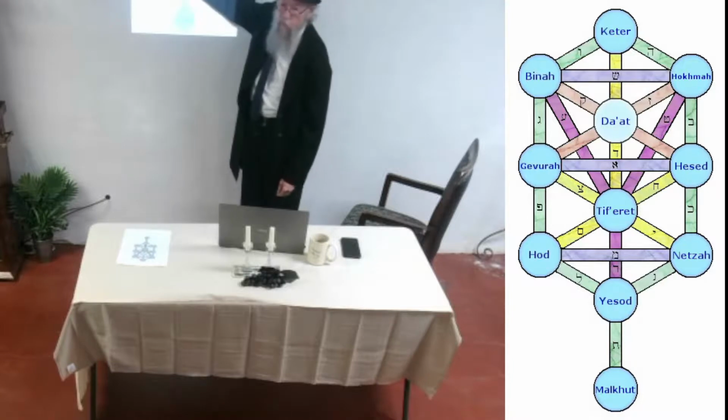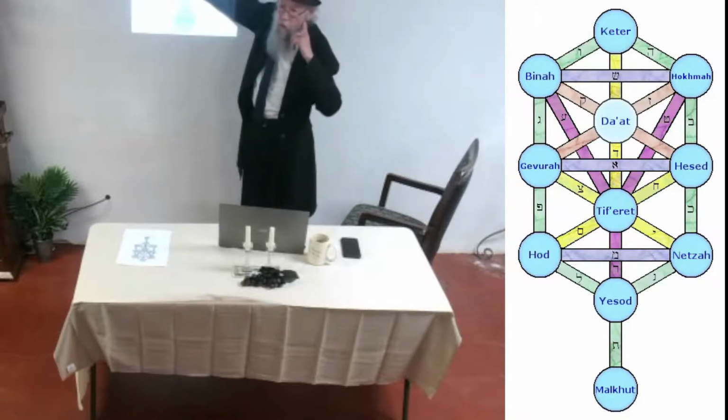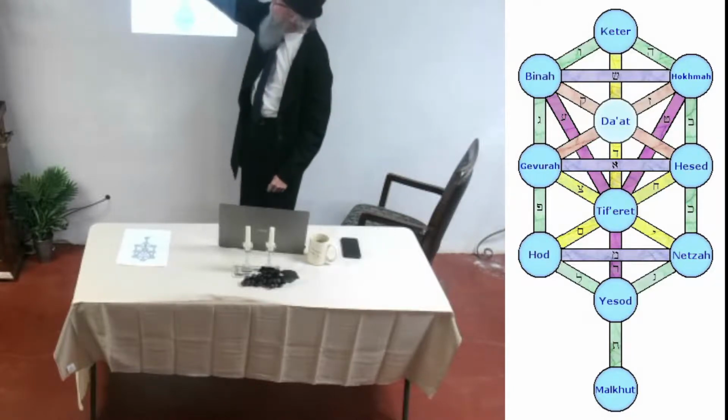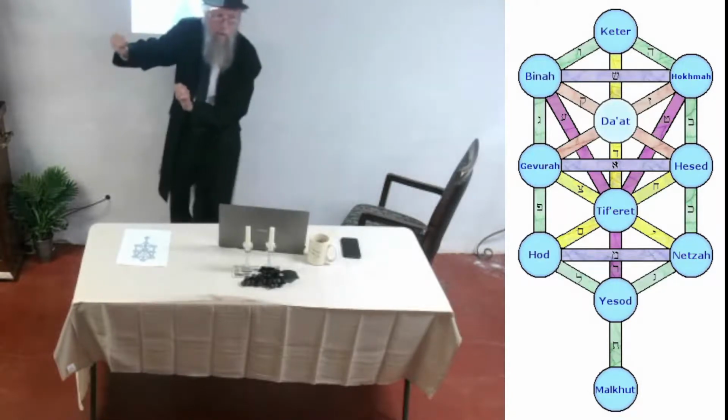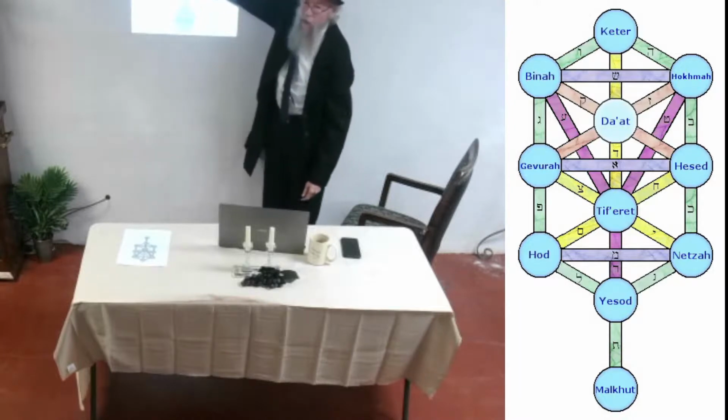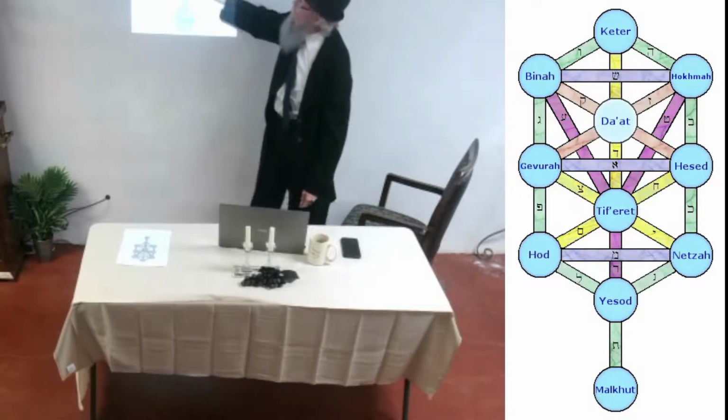We call him Ravenu. Rabbi means teacher. Netzach is the classroom. Notice where the teacher is in relation to the classroom? Above. And to the left. What's to the left?